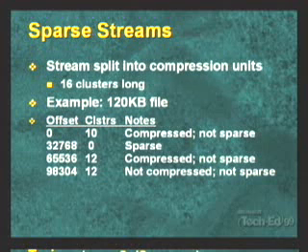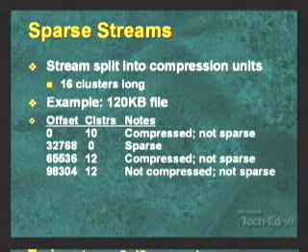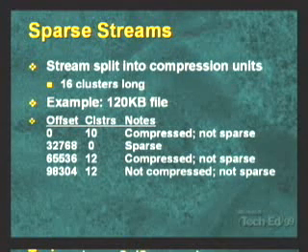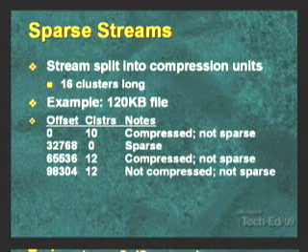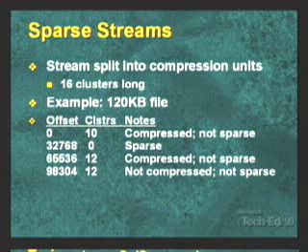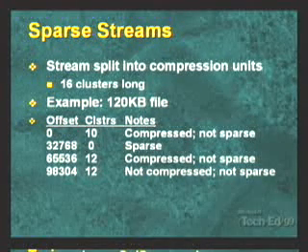Now, if a compression unit, a full 32K block, contains nothing but zeros in it, 0 bytes in it, then in the table, like we see for the second entry here on the slide, starting at offset 32768 in the file, 0 clusters have been allocated. So there are actually no clusters on the disk allocated for this 32K portion of the file.